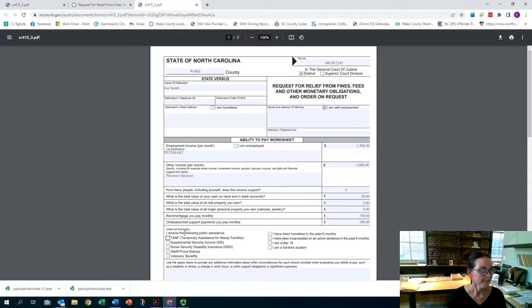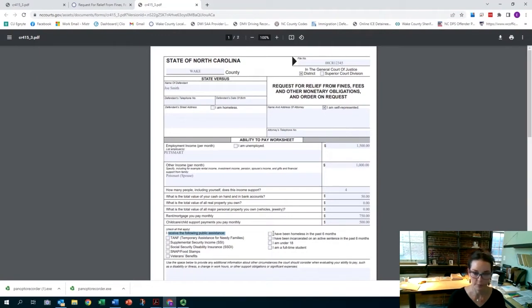Now, the next portion is a checkbox section. It says, I receive the following public assistance. Your choices are TANF, Temporary Assistance for Needy Families, Supplemental Security Income, also known as SSI, Social Security Disability Insurance, known as SSDI, SNAP or food stamps, or veterans benefits.